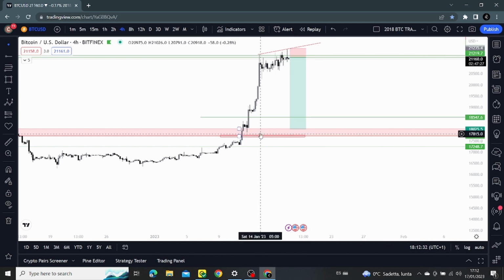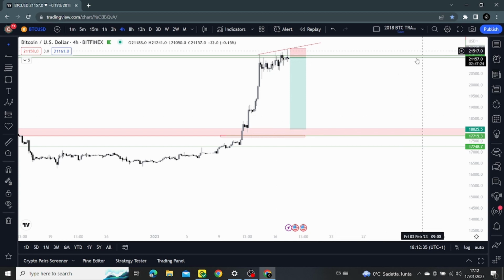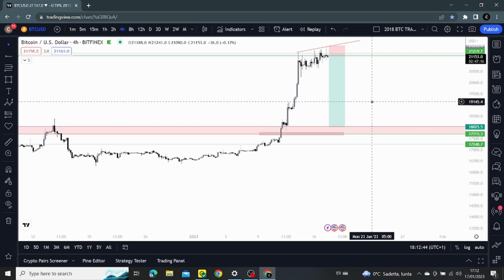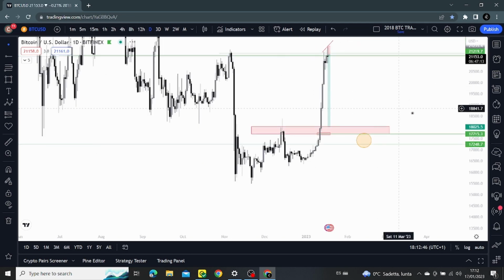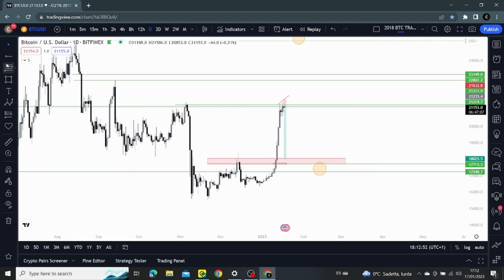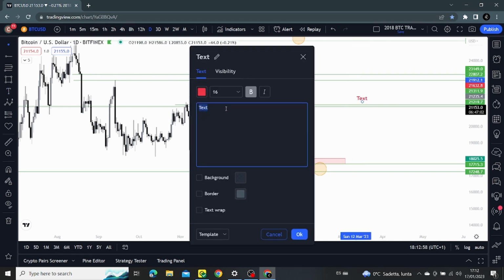I'm gonna remove this one because we have more points of interest in the lower side of the range. Let me go to the daily time frame. We're gonna count how many points of interest we have. Okay, we're gonna mark here. First, we have confluence in the Fibonacci retracement 0.618.